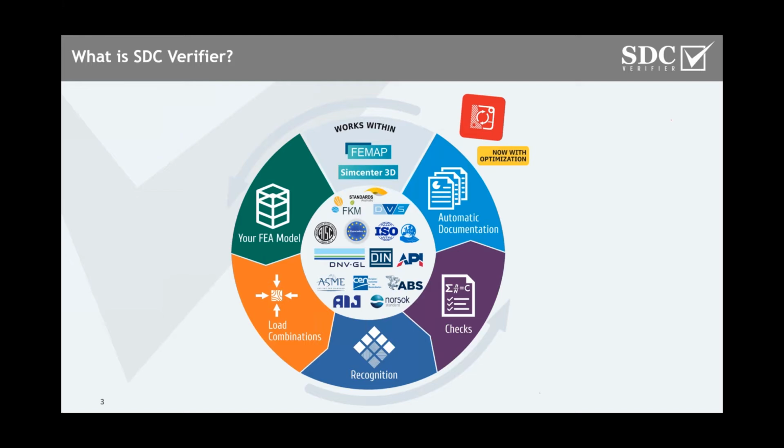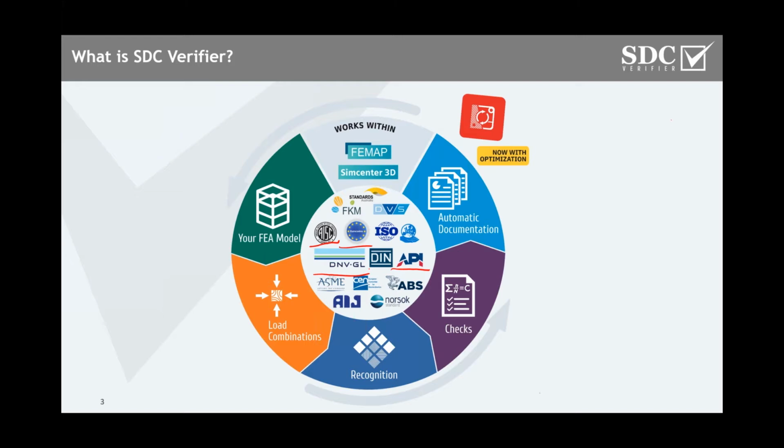So we have documents like AISC or API, ISO, Bureau codes, the common ones in Europe, and DNVGL for the offshore industry. Multiple countries and regulatory bodies provide documents that help us to perform the checks according to rules and regulations.